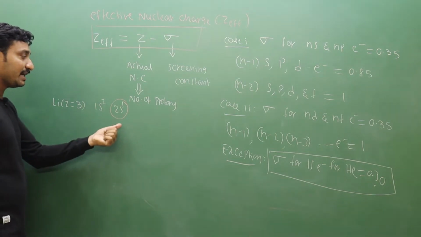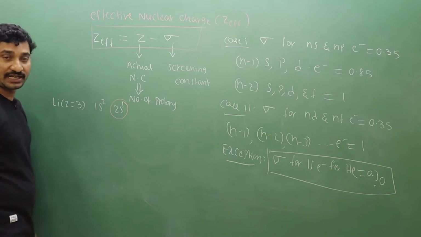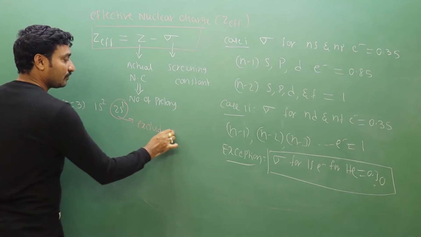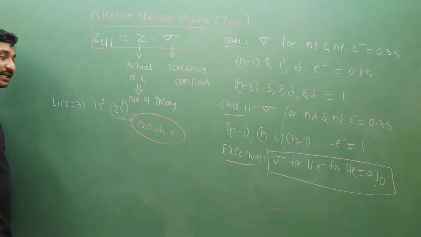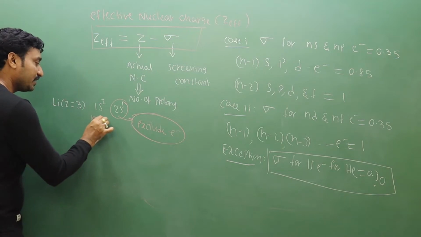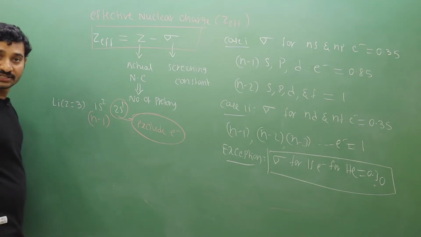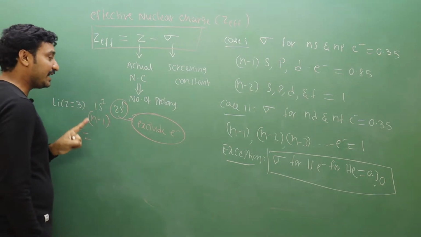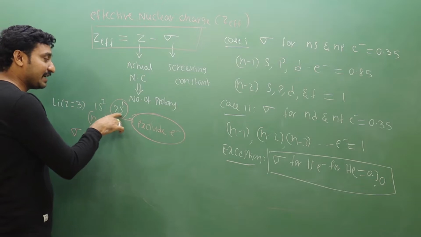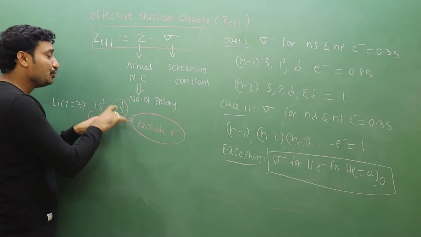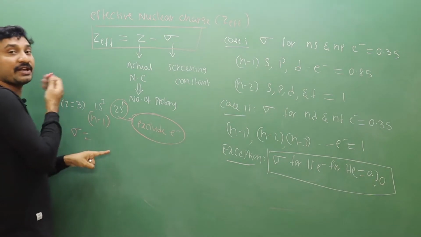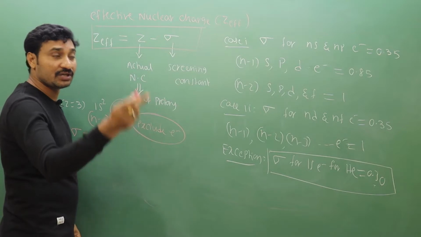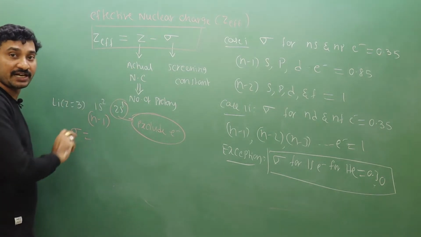When we calculate sigma for this electron, we exclude it and consider the remaining electrons. For whichever electron you calculate, you exclude that electron and calculate sigma from the remaining electrons.